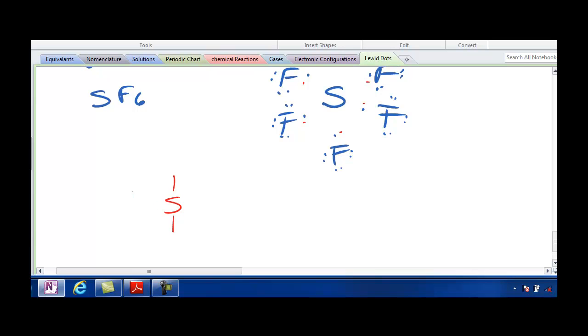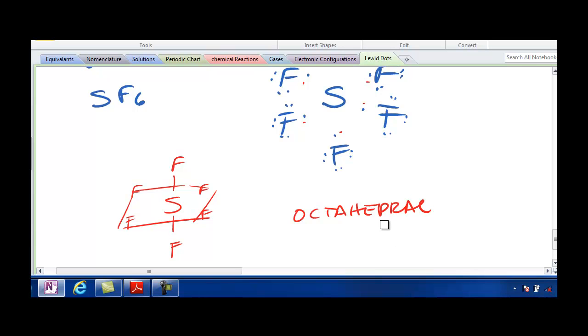S. I'm going to draw a square, 1 up, 1 down. So it's another very symmetrical structure. And this is called what? Octahedral.